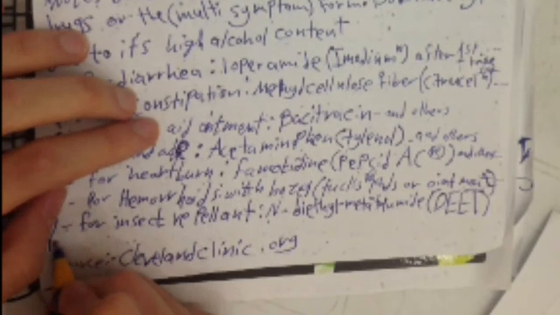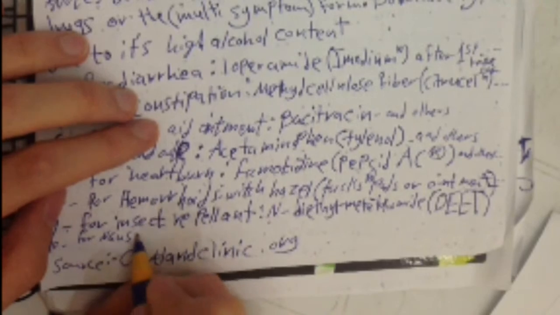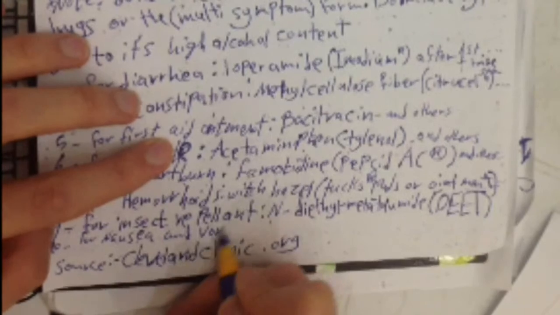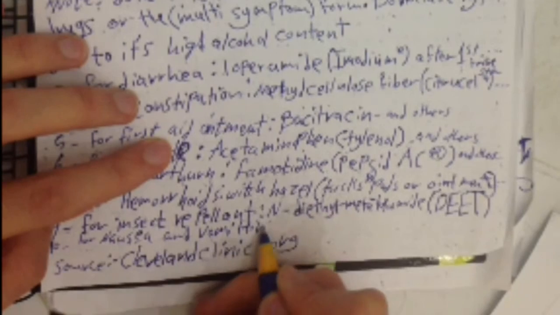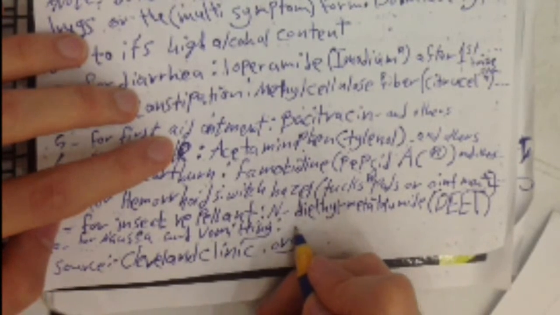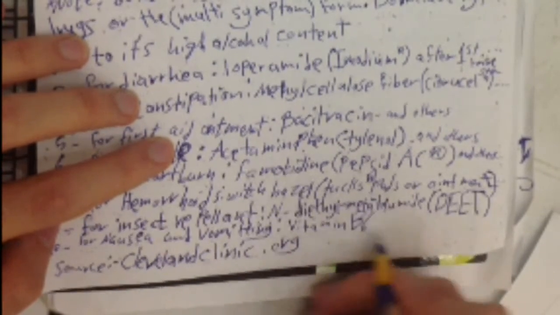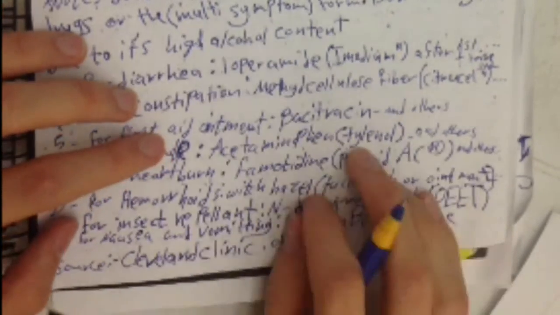We have for nausea and vomiting these drugs: vitamin B6 and more, and we have finished this lecture, as we can see here.